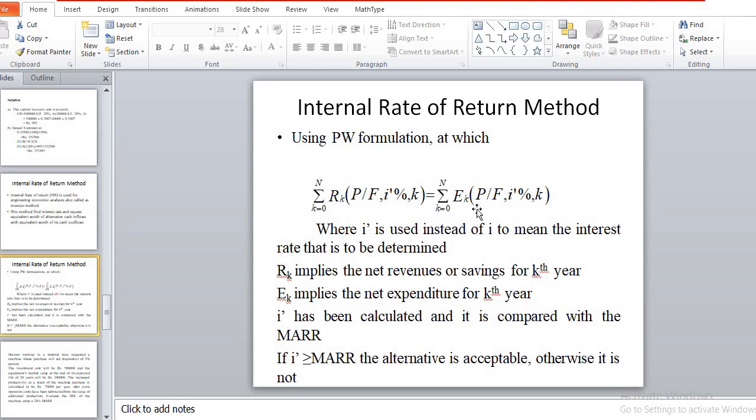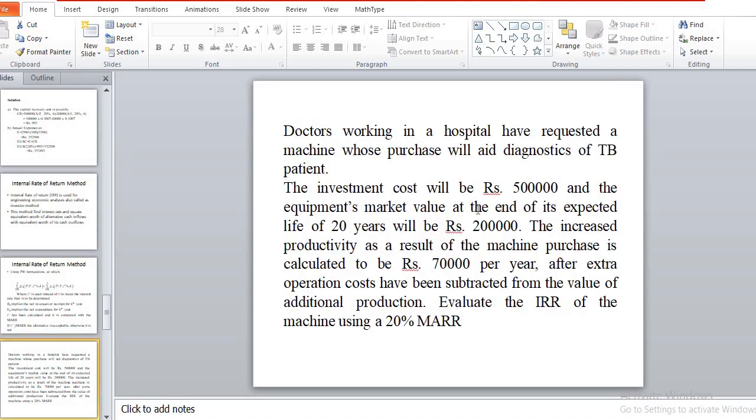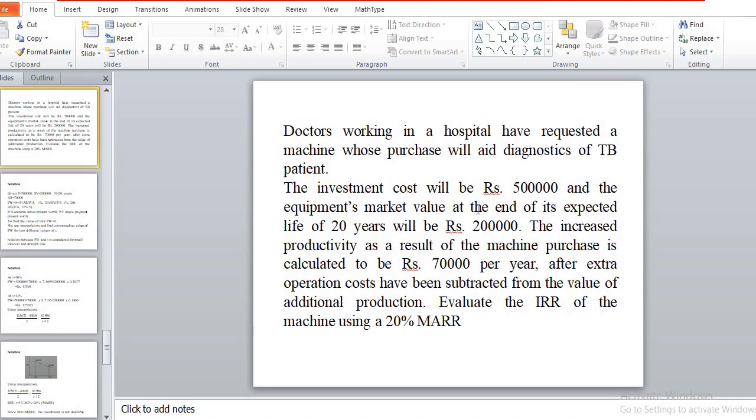So we go through some numericals based on the internal rate of return. In this numerical, it is given that doctors working in a hospital have requested a machine whose purchase will aid diagnostics of TB patients.